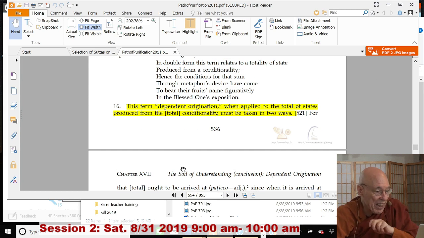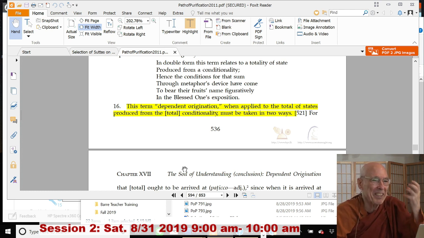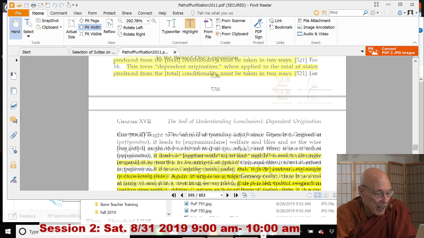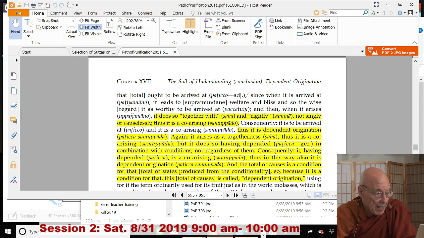I'll go through this lightly, because sometimes it's expressed in the rather heavy technical terminology typical of the commentaries. Dependent origination when applied to the total of states produced from total conditionality must be taken in two ways. Maybe this is the best part.